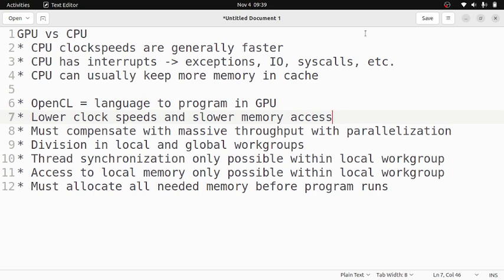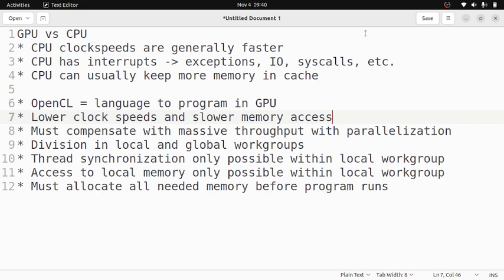Okay, so first of all, what is the difference between GPU and CPU? There are several differences that we need to consider, right? In the CPU, clock speeds are generally faster. If you see the clock speed of any CPU processor today, it's more or less around 3 gigahertz, and in a graphics card, even in a high-end one, it will be around 2 gigahertz or 1 gigahertz or something.